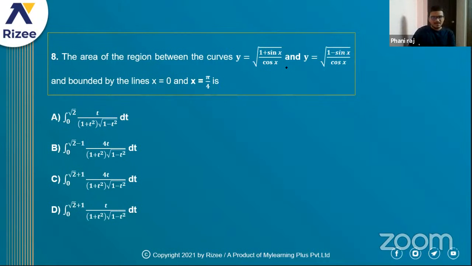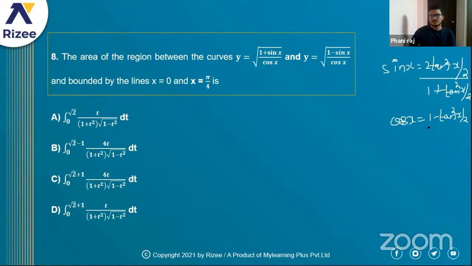See, whenever you have sin and cos together, always use the tan formula. What is that? Sin 2x equal to 2 tan x by 2 by 1 plus tan square x by 2. You know you have this, right? Whenever you have sin and cos in the same formula, use this. So we'll simplify how they behave.